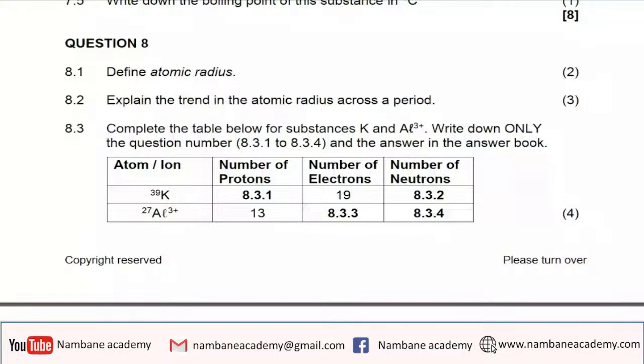So number of protons, number of neutrons, number of electrons, and then number of neutrons again, sorry. The answers are going to be 19, 20, 10, and 14, respectively. And then next question.